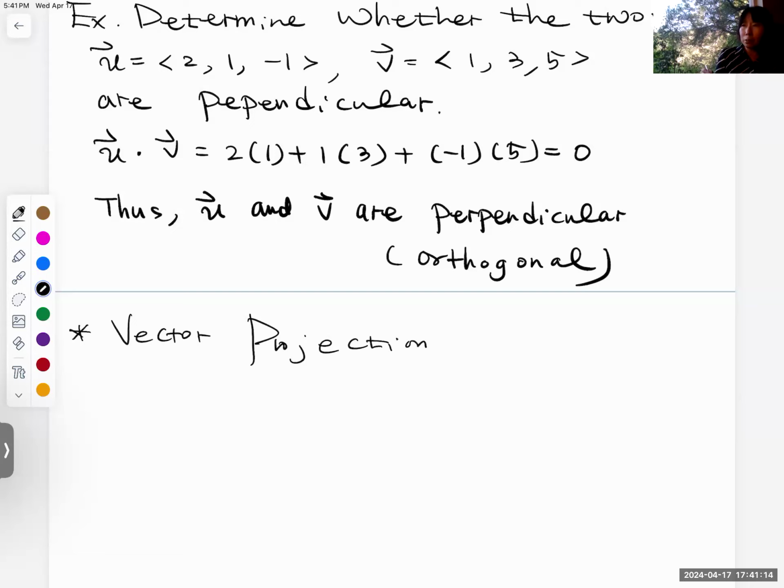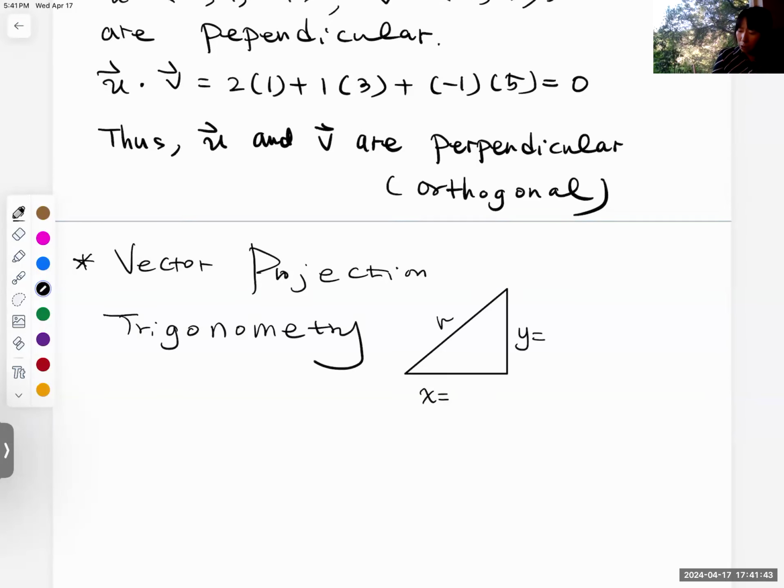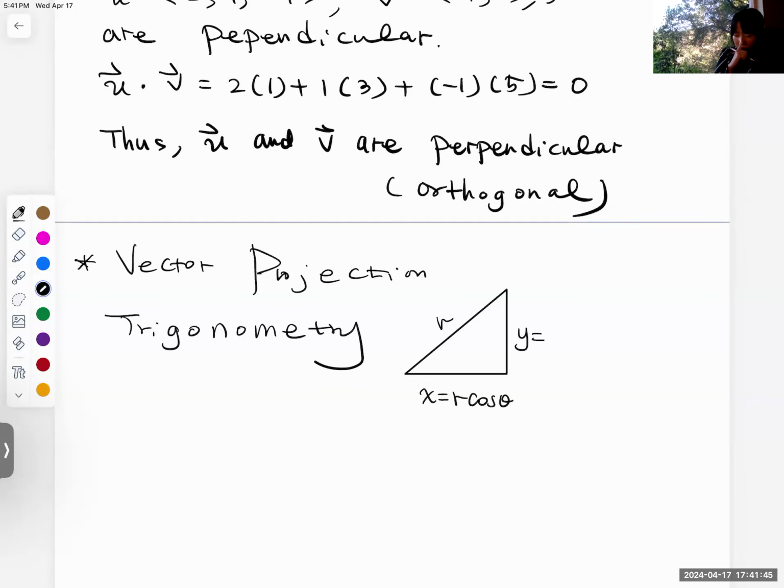Okay, so from trigonometry, we have a right triangle, and this is R, and y equal to, x equal to, right? So x represents what? R cosine theta, remember?